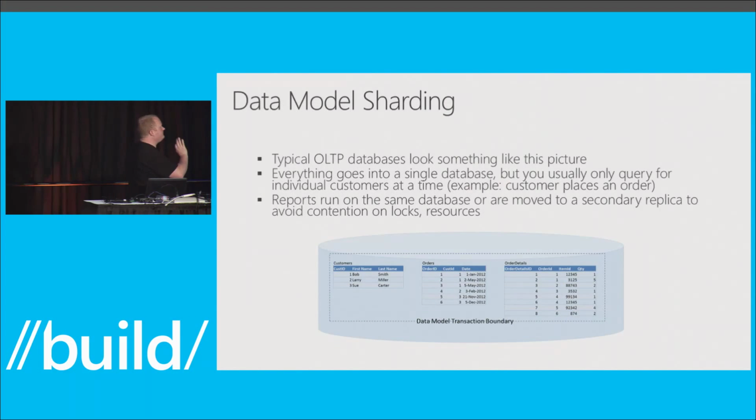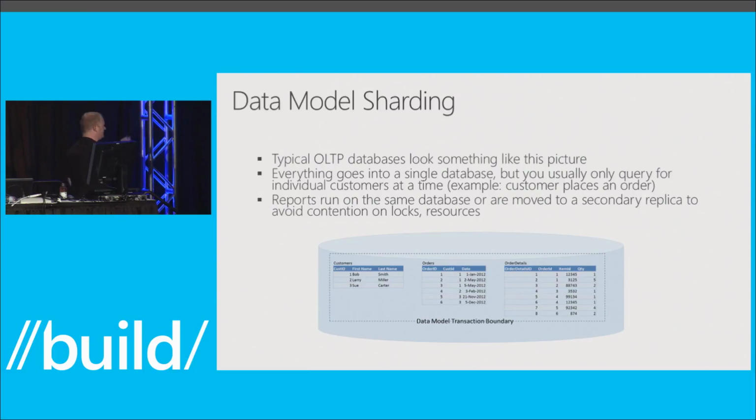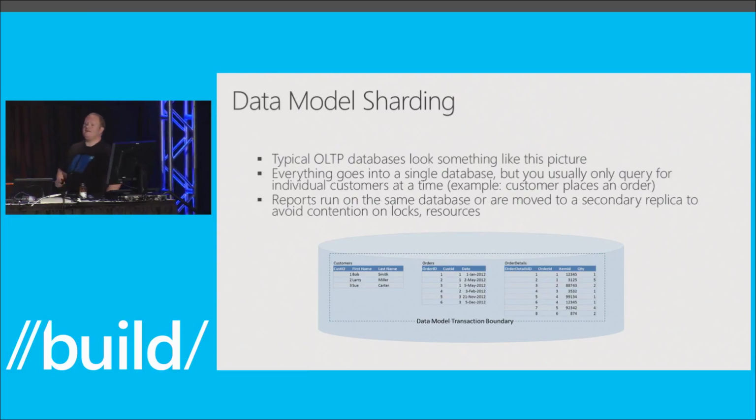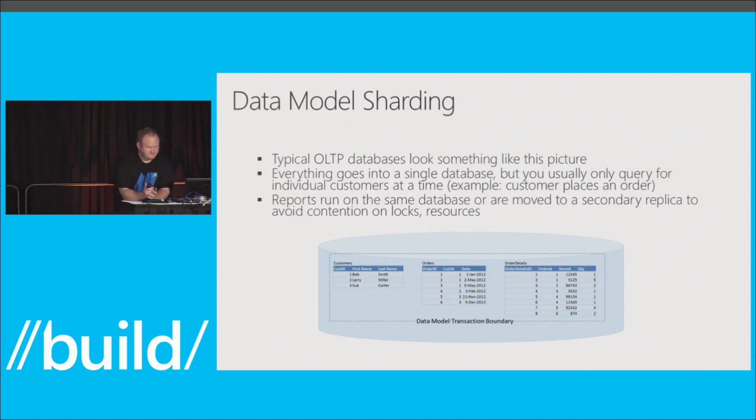So if you look at this typical OLTP schema, I think this is the Northwind database schema, and you want to shard it, what you need to do is exactly like if you did distributed partition views in SQL Server, or any partitioning scheme. You need to decide what you partition on, and that's the mega key decision. Then you have to put that partitioning key in each of the tables.